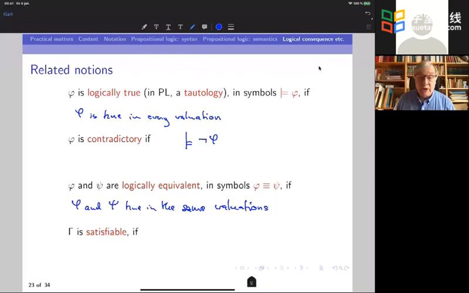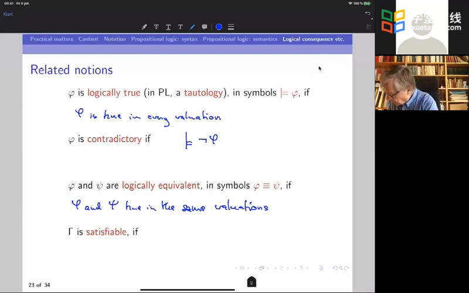So for any valuation V, if phi is true, then psi is true in V, and if phi is false in V, then psi is false in V. I think you are familiar with those notions. Maybe you're not familiar with the final one here. We say of a set of sentences that it is satisfiable, but you can guess what it means. You can satisfy a whole bunch of sentences if you can find a valuation where all of them are true.